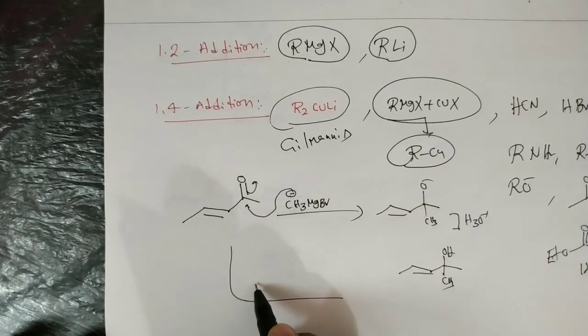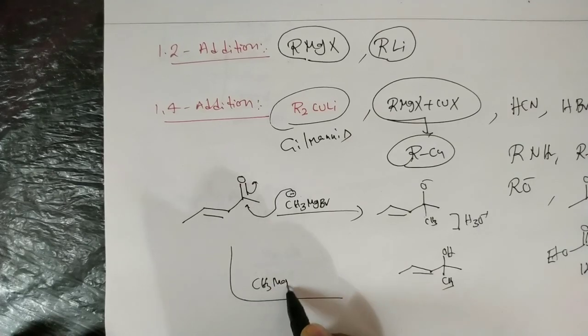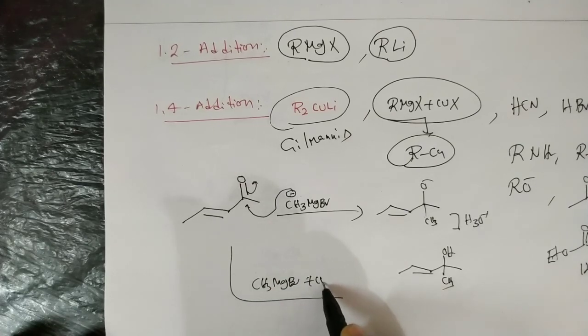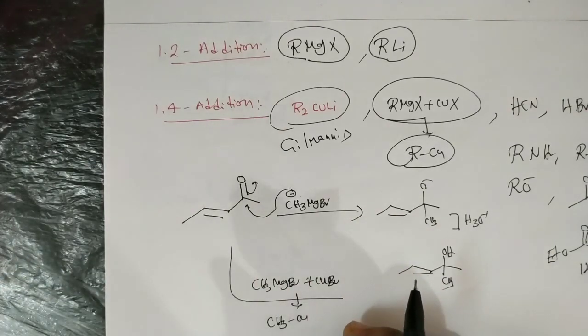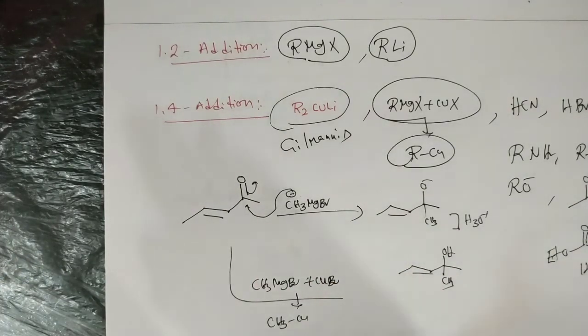Suppose this one reacts with methyl magnesium bromide plus CuBr. In this case we will get the methyl copper. Why 1,2 addition versus 1,4 addition is based on the nucleophilicity of the reagent.